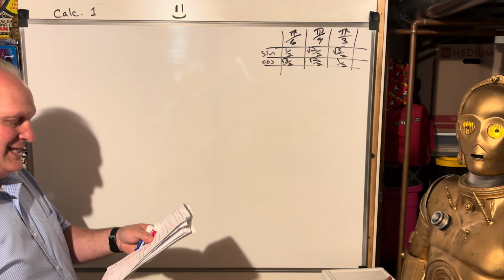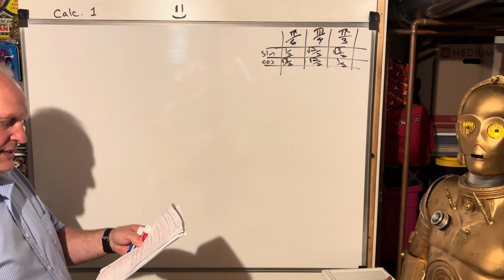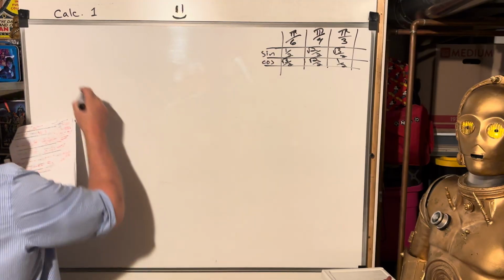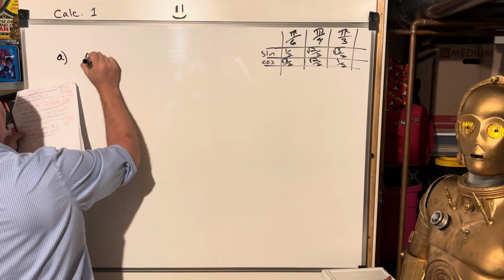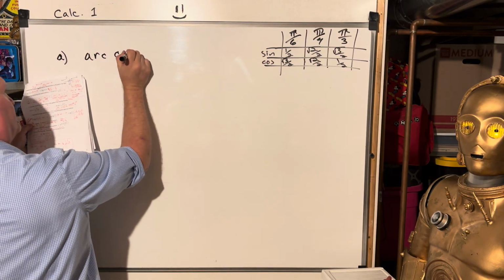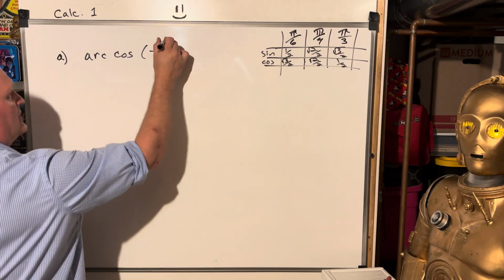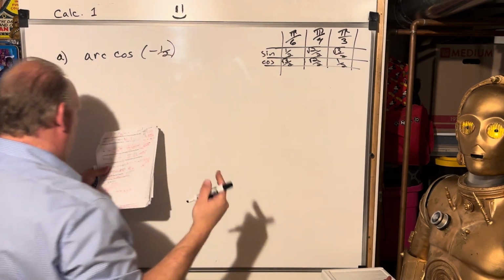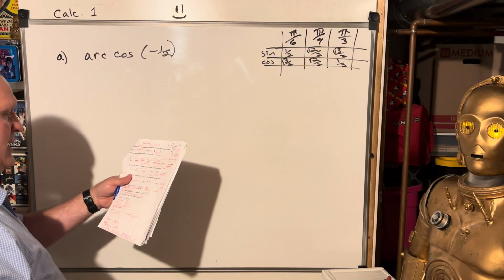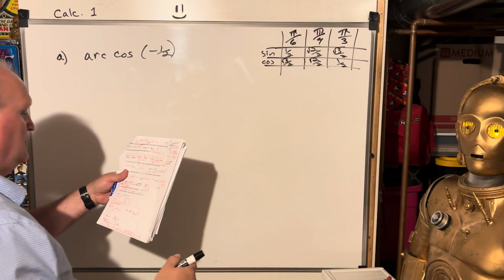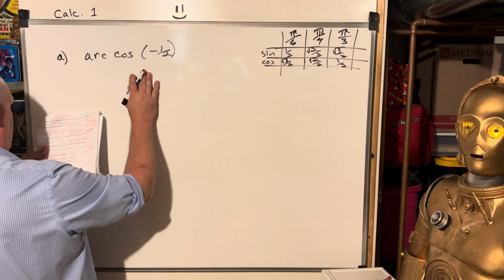So they want the arc cosine of negative 1/2, and they want me to evaluate that. So what does that mean? That actually means they want to know what angle is equal to this.